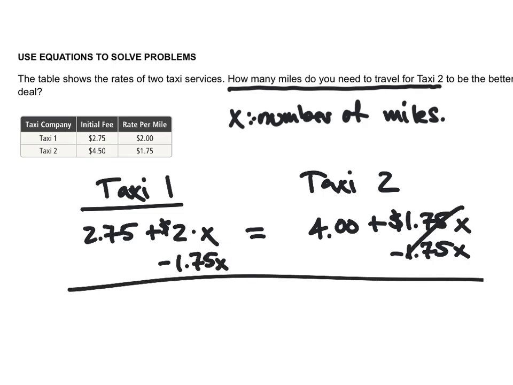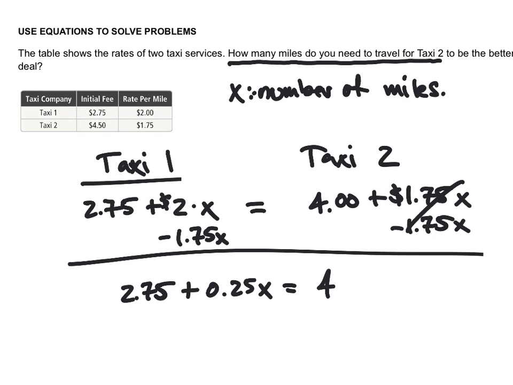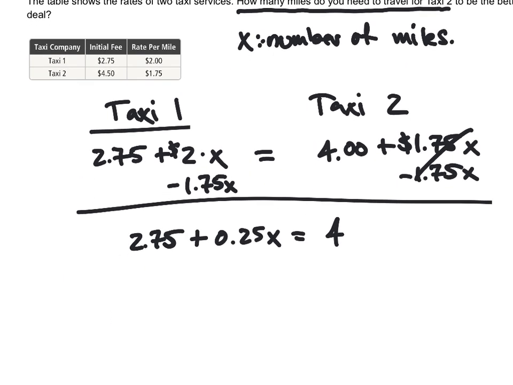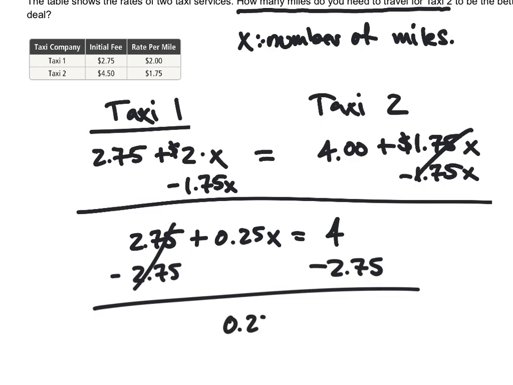And so we're then going to get 2.75 plus 0.25x is equal to 4. Now from here, I would want to subtract 2.75 from both sides. And so that's going to end up giving me 0.25x is equal to 1.25.